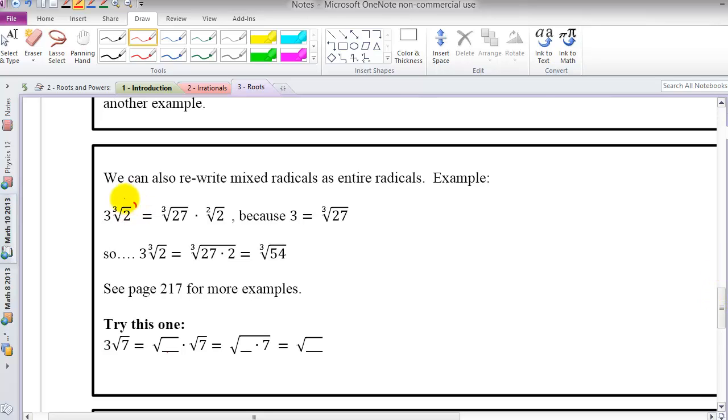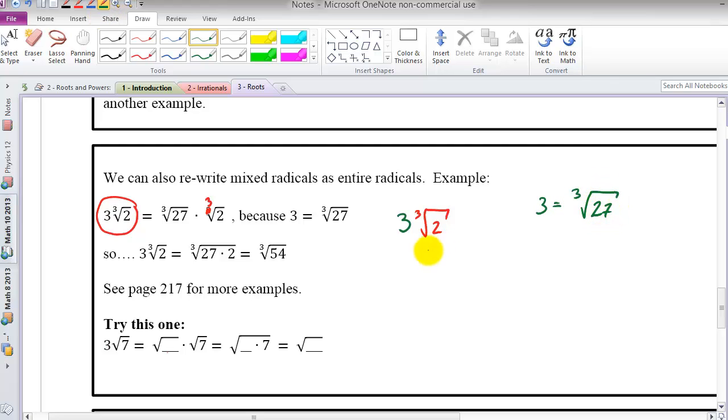So for example, let's take this guy. I'm going to call it 3 cube root of 2. It's supposed to be a cube root as well. Well, I know that 3 is equal to the cube root of 27.